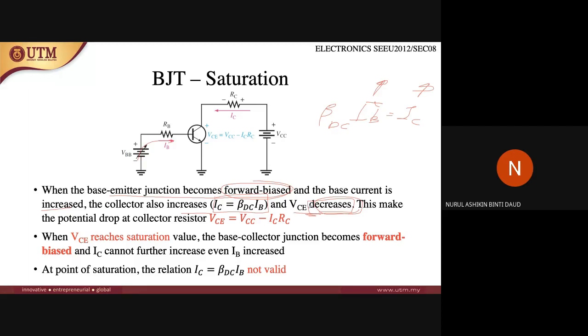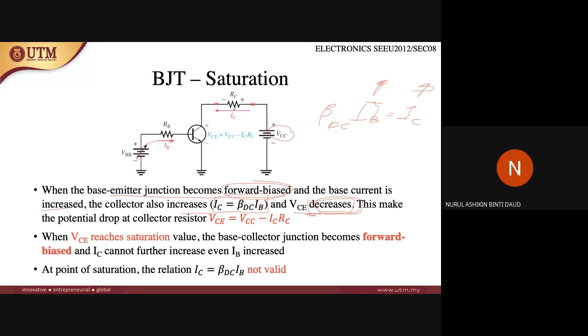Why? Because to calculate the value of VCE, you take VCC minus the potential drop from the resistor here. So the value from VCC will no longer all go to here.